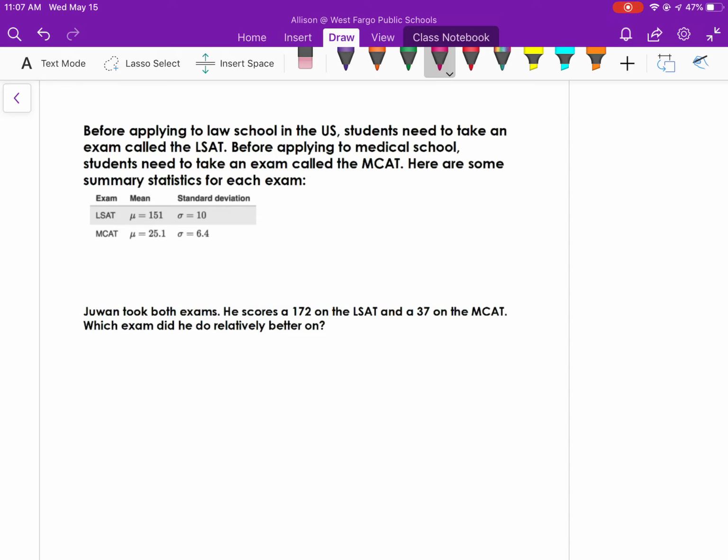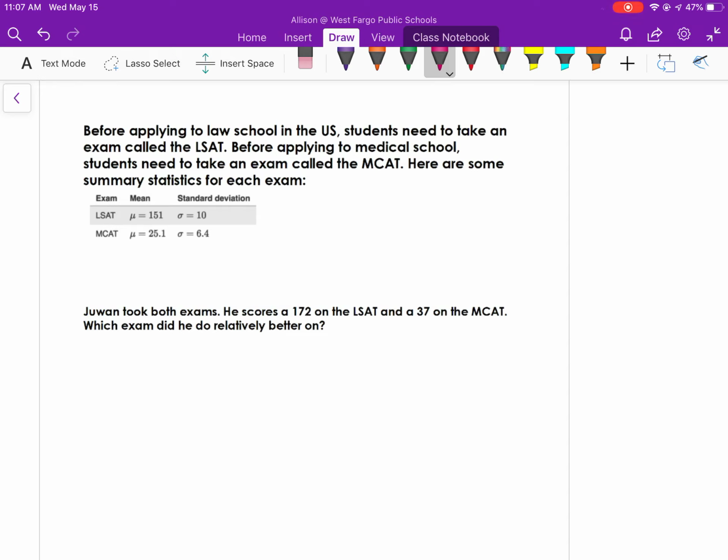Since the exams are on different scales, we really can't tell based on those scores. I know that he scored above average on both of them, but I don't know which one is better. So we can use the z-score, because that will show us how far away he scored from the average.